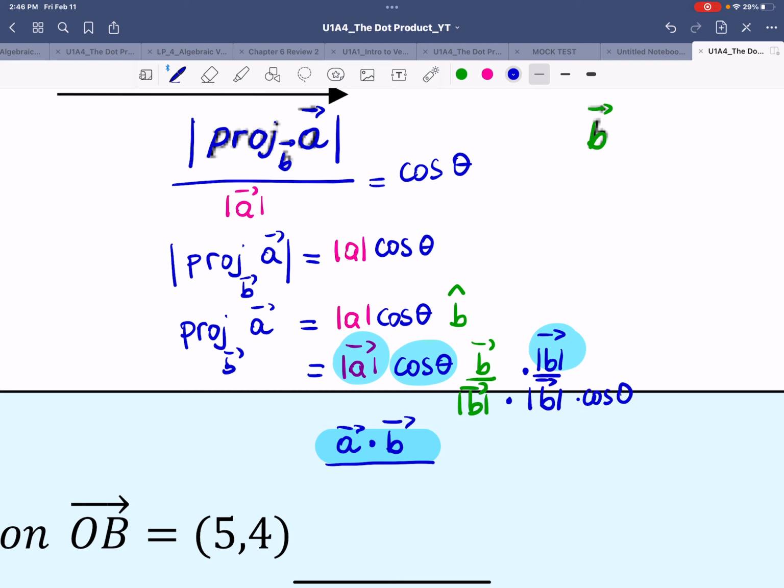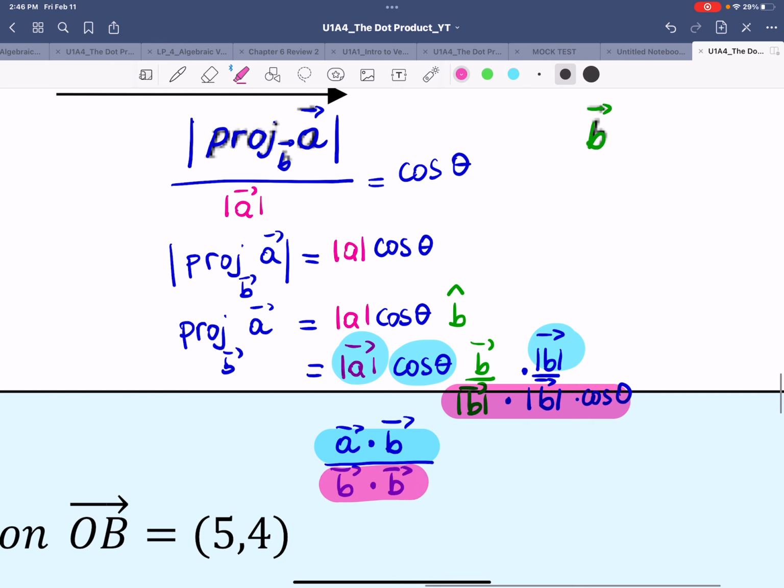So if you have magnitude B, cosine 0, that's the dot product of B with itself.